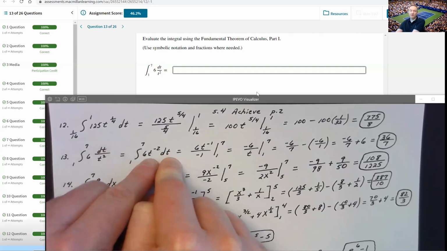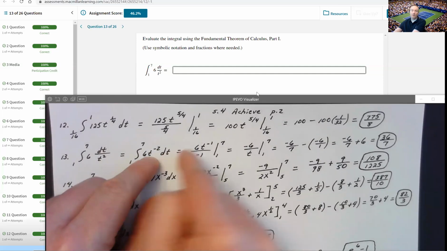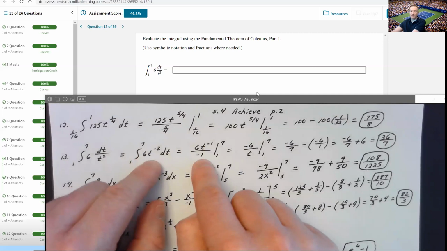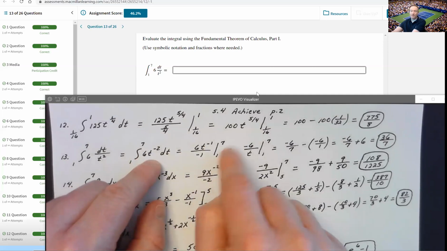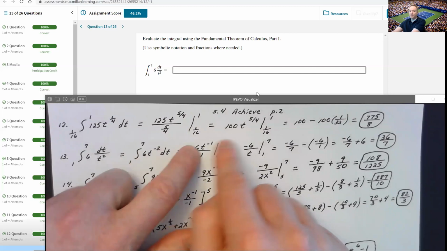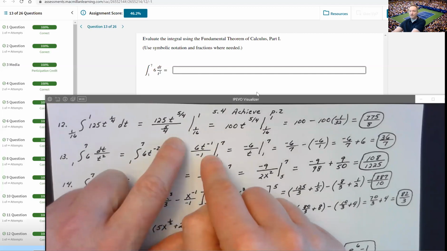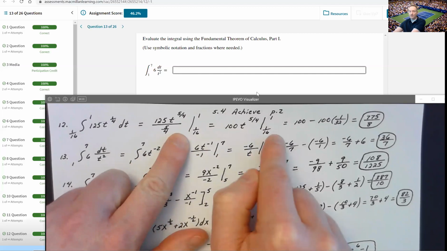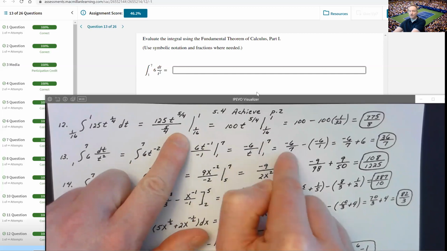So the integral of 6t to the negative 2 with respect to t, power rule. I'll add 1 to the exponent, divide by that new exponent, and then evaluate from 1 to 7. I'd prefer to simplify this first. This is the same thing as a negative 6 over t, evaluated from 1 to 7. The upper limit's going to yield negative 6 over 7.